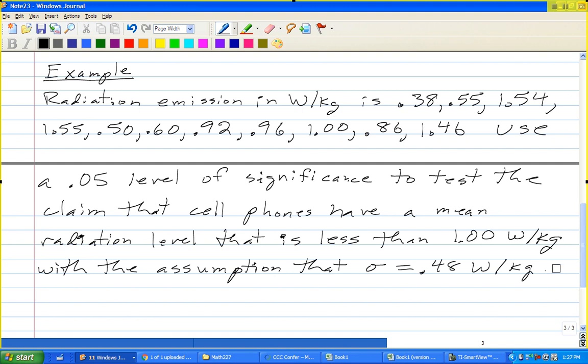Let's say, an approximately normal distribution.